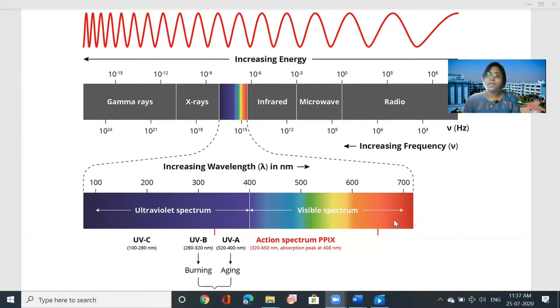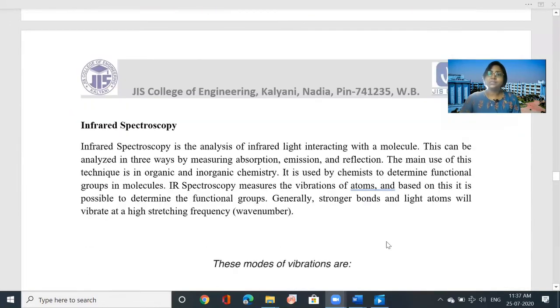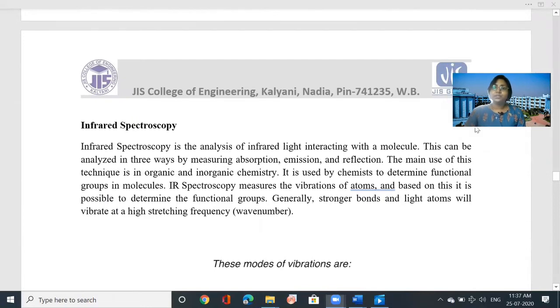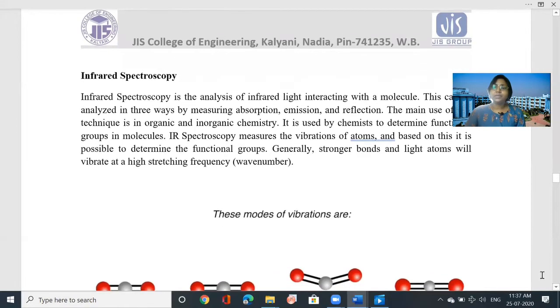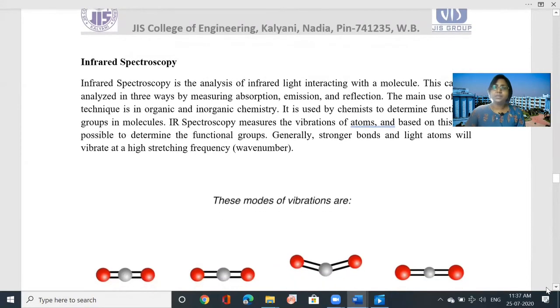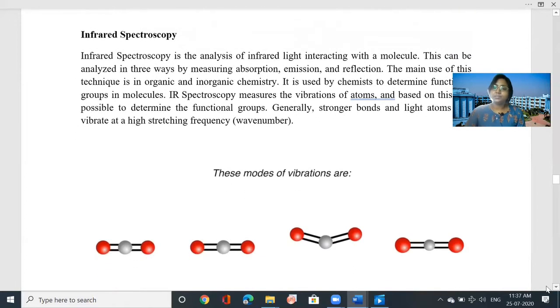They are IR inactive. So how can we understand which is IR active and which is IR inactive? I will show you. Basically, we have to consider the dipole moment. If the dipole moment is 0, then they are IR inactive. If it has some dipole moment, then the gases are IR active.